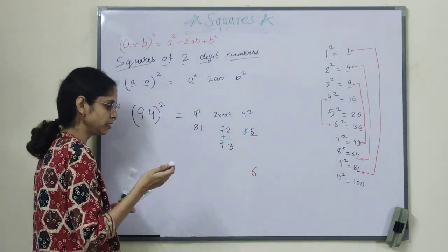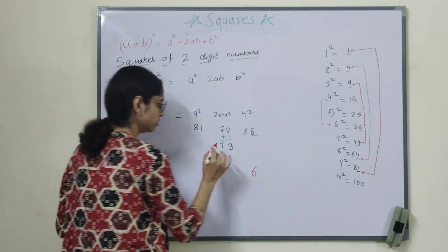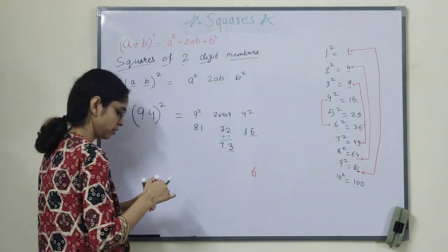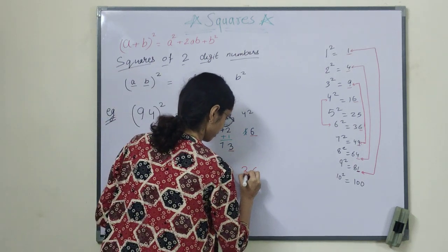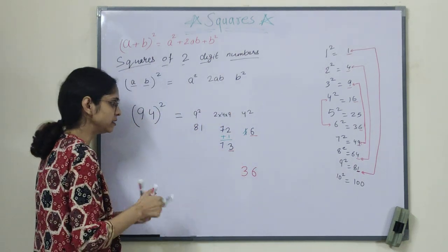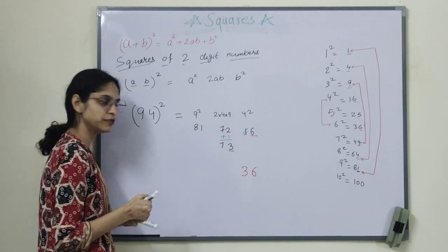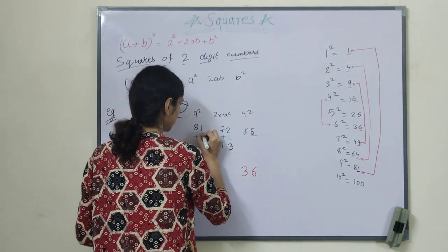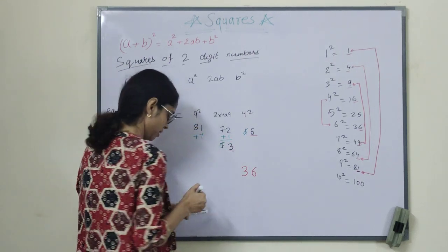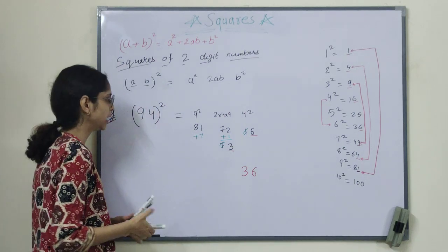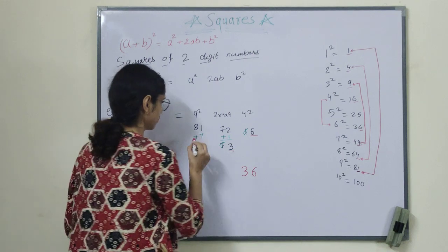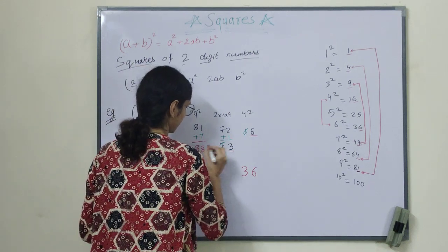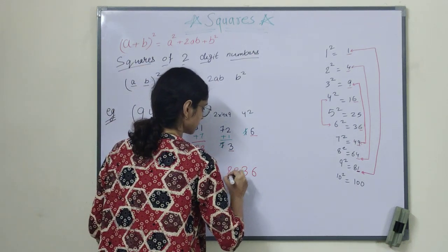Now we will write 3 down. Now 7 will become the carry for the next one. So you will do 7 over here and cancel it from here. Now 81 plus 7 is 88. So our answer is 8836.